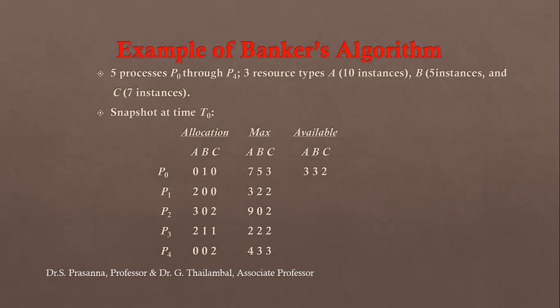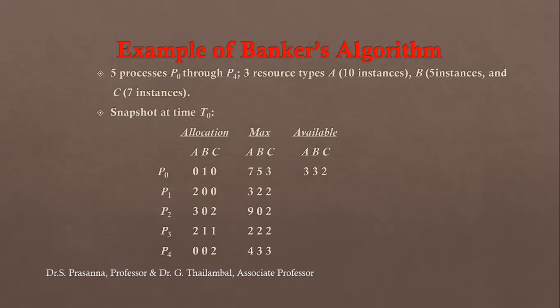But the instances of B is 5. Out of those 5 instances, 4 are allocated, so 3 will be the available.